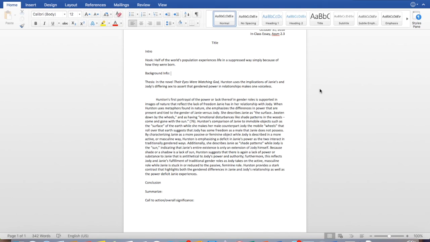Now, the background info you can usually spin in a couple different ways. You could either do it based on the book, Their Eyes Were Watching God, or you could do it based on the background of maybe gender itself. Just for simplicity's sake, and because I don't have the internet in this situation to help me with statistics or information that I might not be very knowledgeable on, I'm just going to go off of the book. Okay. So I'm going to start off introducing my title and author.